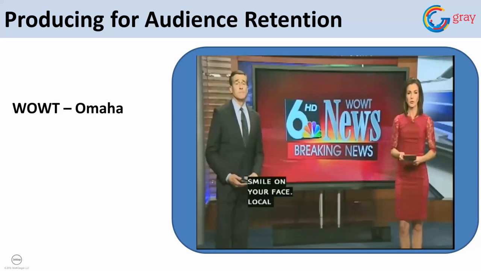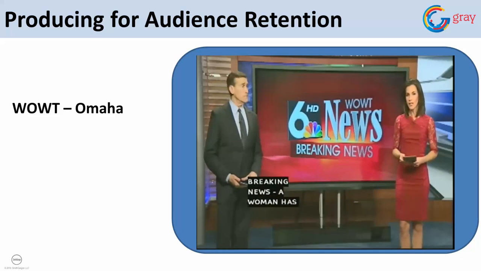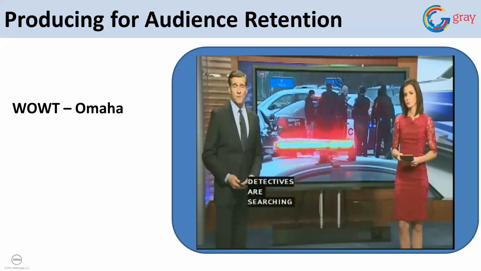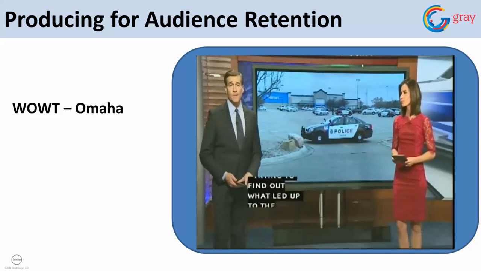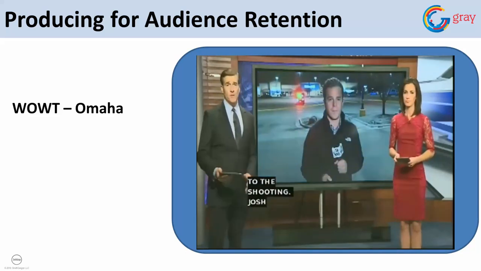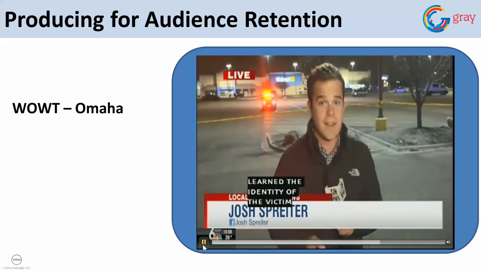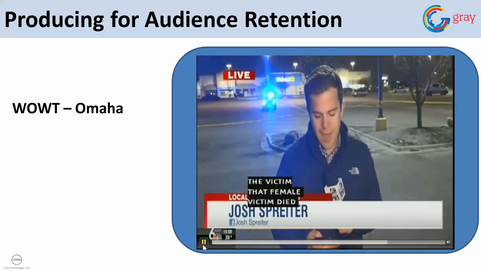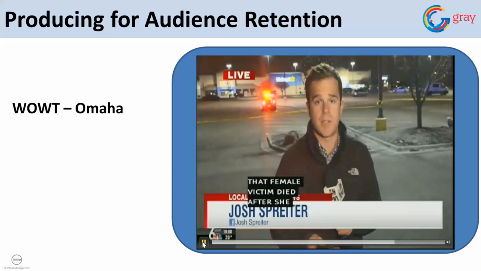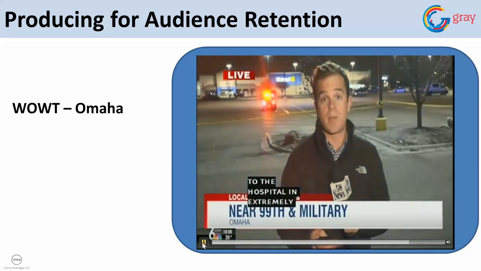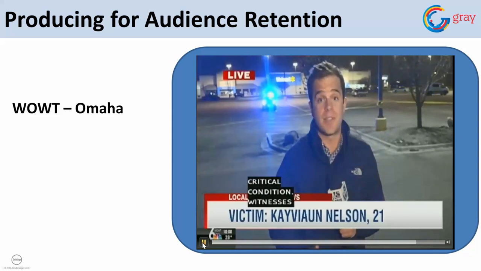Local breaking news, a woman has died after a shooting at the Irvington Walmart. Right now, detectives are searching through surveillance video, trying to find out what led up to the shooting. Josh Bryder is live and has just learned the identity of the victim. Josh? Omaha police identify her as 21-year-old Kavion Nelson. She was rushed to the hospital in extremely critical condition tonight. Now, people we spoke to around here say it was a terrifying evening they never thought would be so close to them.